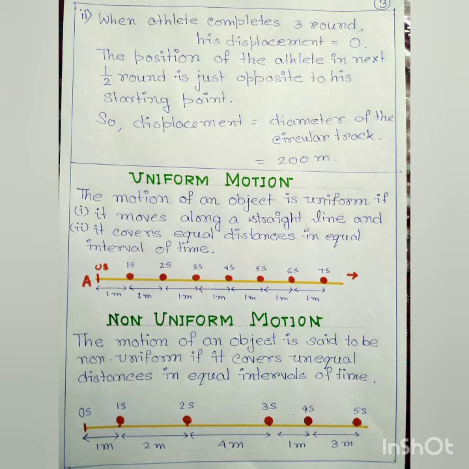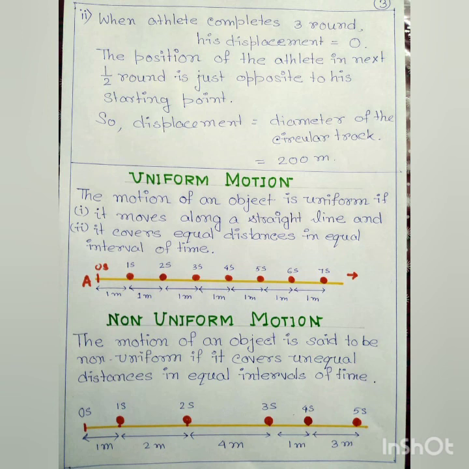Now see the next picture. If we consider the interval of time as 1 second. During the first second, the object travels 1 meter only. But during the second, it travels 2 meter.